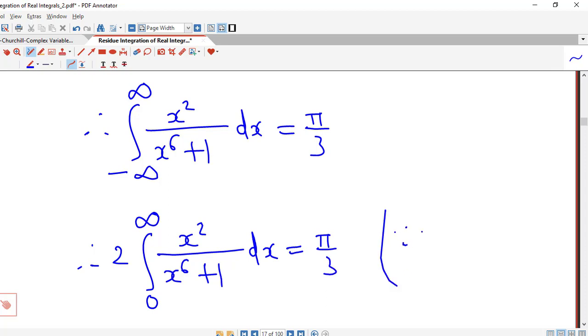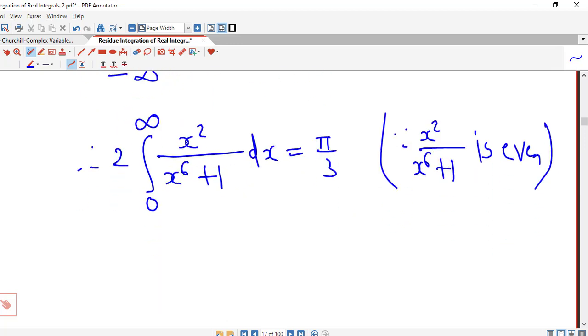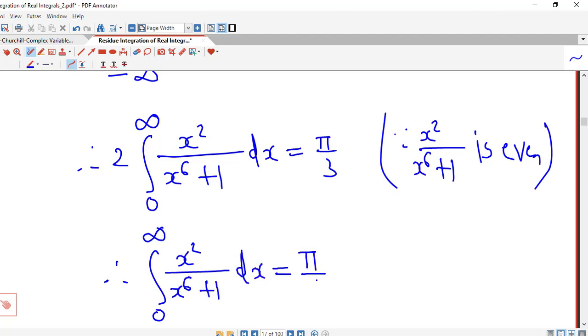Okay, because this function x square over x raised to 6 plus 1 is an even function and this improper integral is convergent. So therefore integral from 0 to infinity x square over x raised to 6 plus 1 dx is nothing but pi divided by 6.